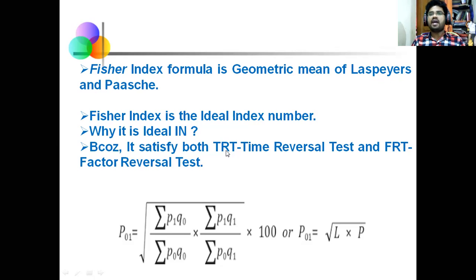Fisher index is the correct option. Sometimes they will ask why the Fisher index is an ideal index number, because it satisfies the factor reversal test and time reversal test.